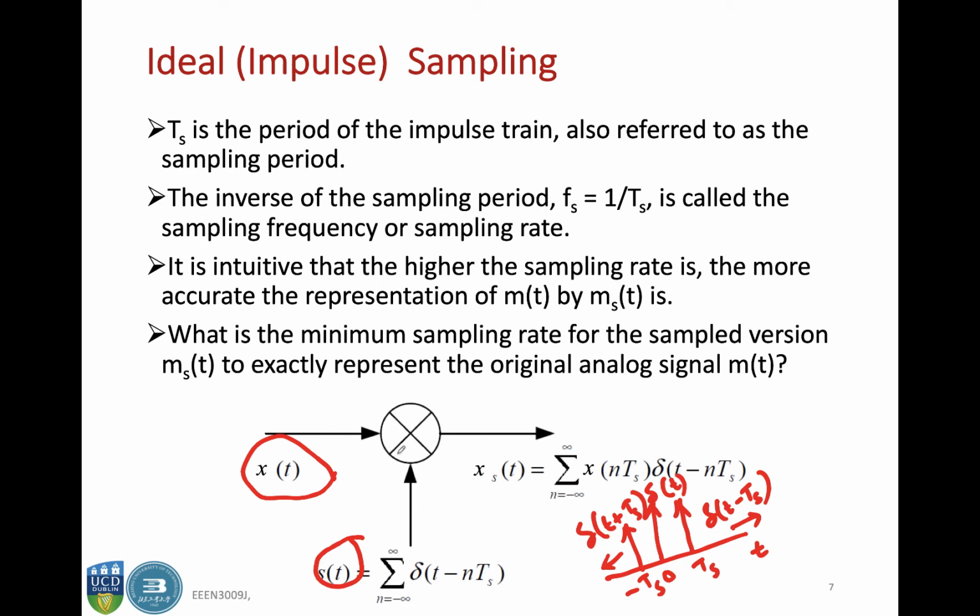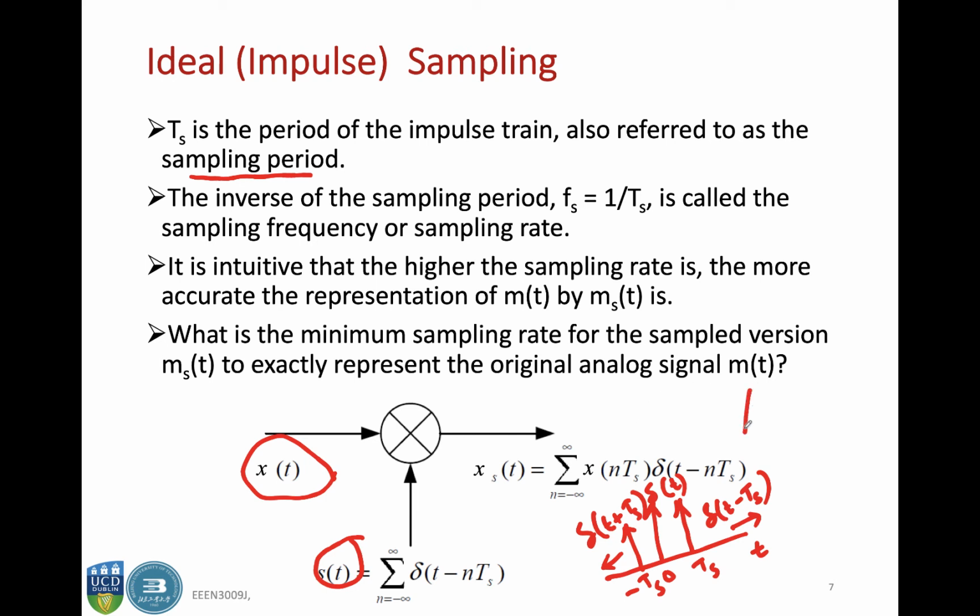And sampling is nothing but convolving the original analog signal with an impulse train, which repeats every Ts period of time, and that is actually your sampling period. So Ts is the sampling period, and then at the output of the convolution you will get the sampled signal.